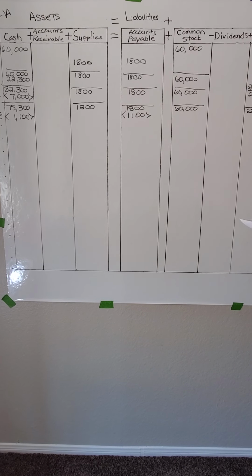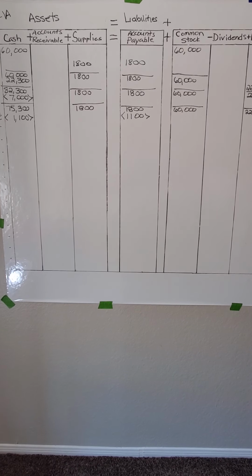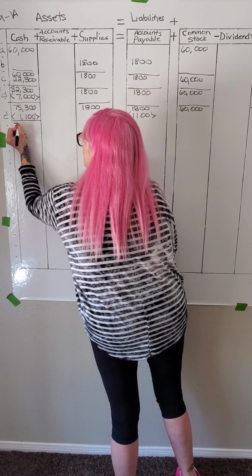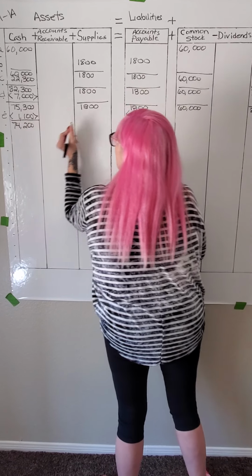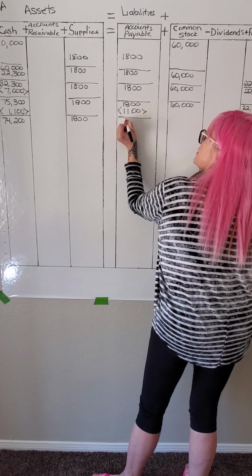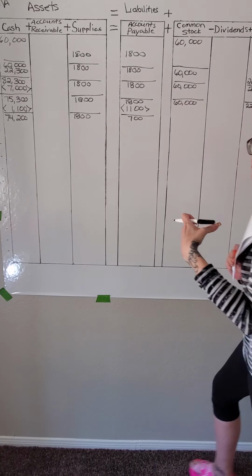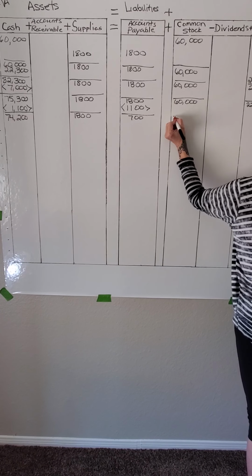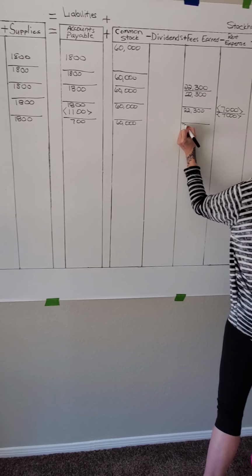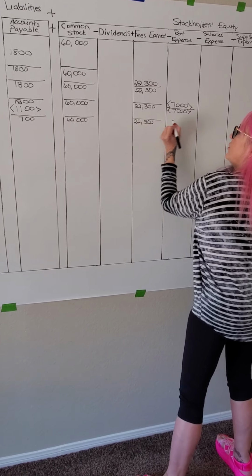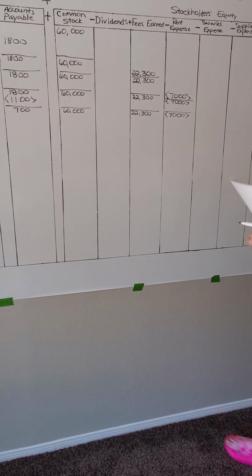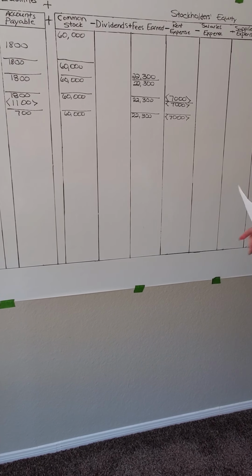Our new balances after this transaction are $74,200 for cash, $1,800 for supplies, $700 for accounts payable because I reduced my accounts payable by making that payment, $60,000 for common stock, $22,300 for fees earned, and $7,000 for our rent expense. So imagine if it was Walmart and you had to do all this by hand. Computers are a beautiful thing.